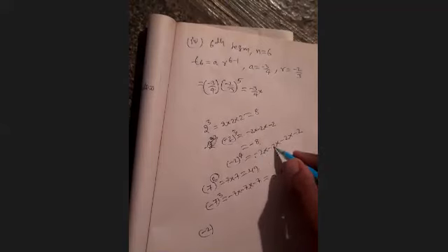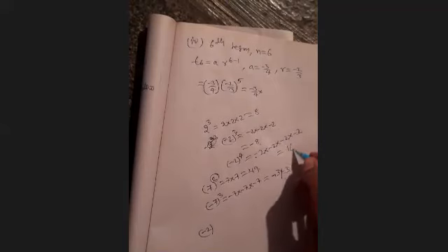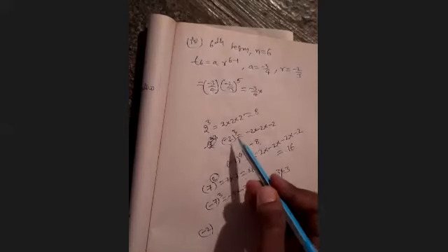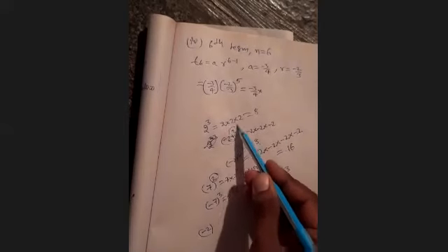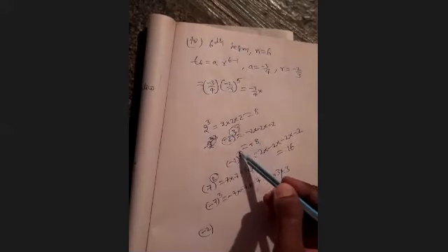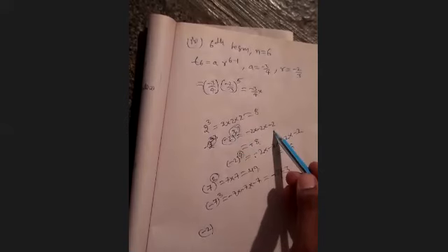So 2 into 2 is 4, 4 into 2 is 8, 8 into 2 is 16. This is plus 16. This is -8. Okay. When you have power odd number, you will get minus. When you have power even number, you will get plus. That is the concept. You should remember this: power even, positive; power odd, negative value.